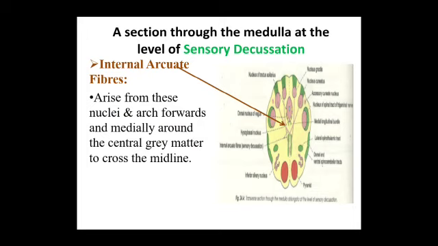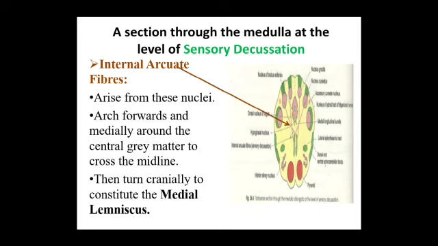They arch forward and medially around the central grey matter to cross the midline, then they turn cranially to constitute the medial lemniscus, which lies just posterior to the pyramids, which is in red. This medial lemniscus is depicted as the green longitudinal structure in the midline.